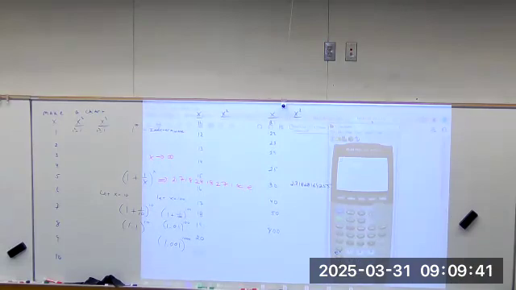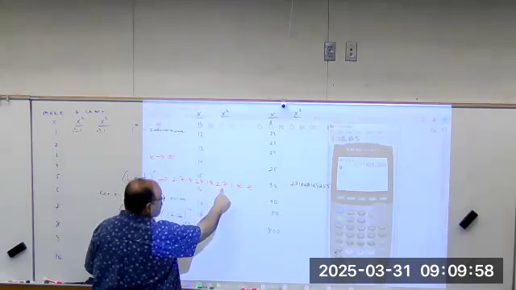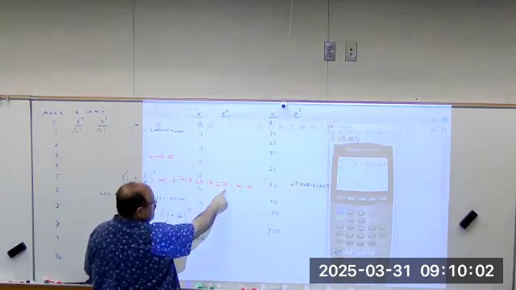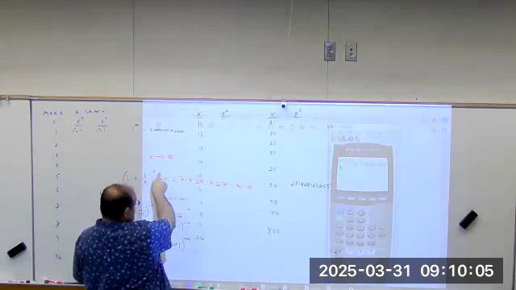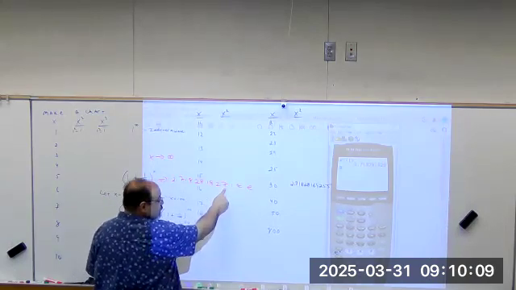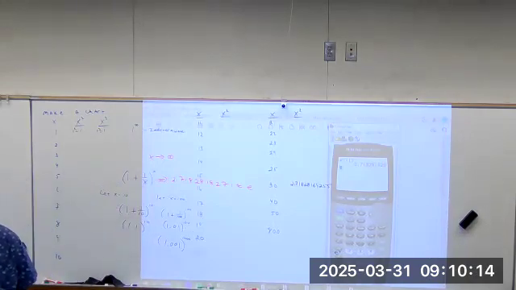If I just go e to the first power, 2.71828. As x approaches bigger numbers, it eventually gets closer and closer. As x approaches infinity, that's the number e.